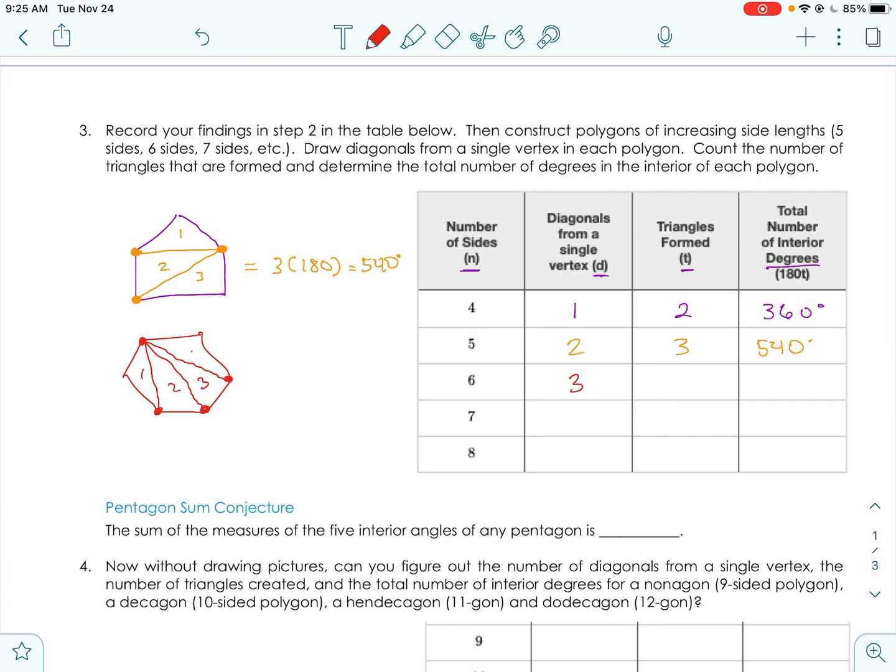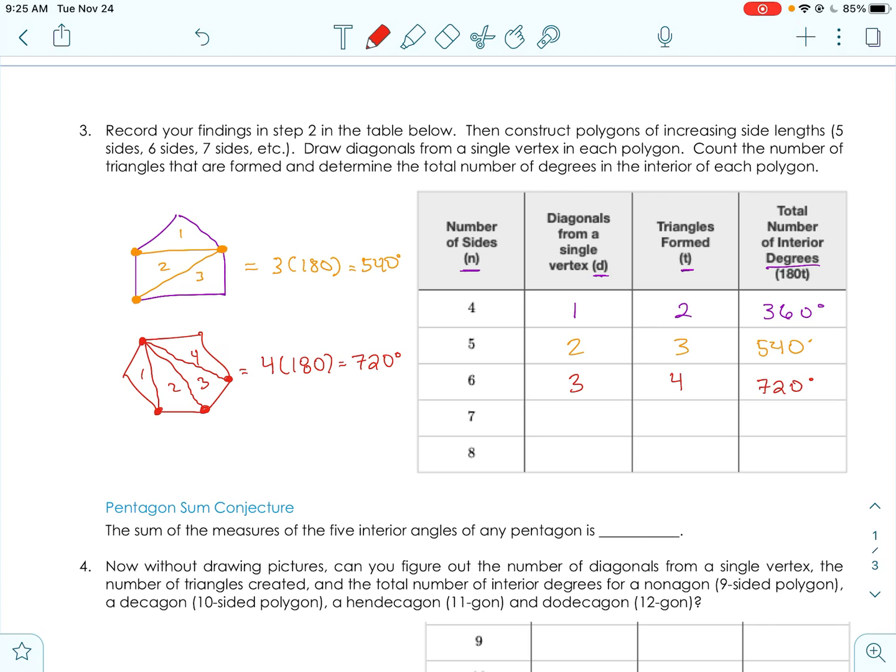We have 1, 2, 3, and 4 triangles. If we use our triangle sum conjecture, we have 4 times 180 equals 720 degrees. So we see that a hexagon has 720 degrees in its interior angles.